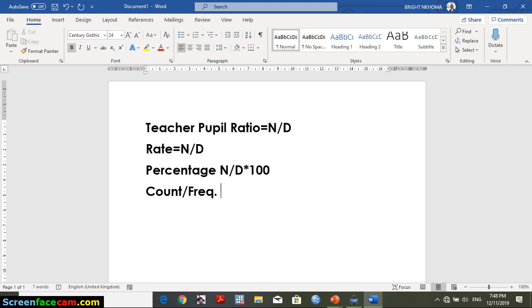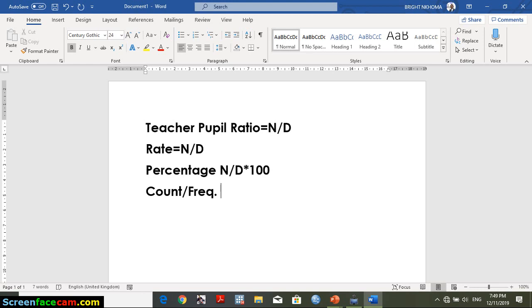Here we said that the numerator is a subset of the denominator. The denominator in this case is the total population. The numerator is deaths, and those deaths occurred in the same general population, which is our denominator. Are we together? But in a ratio, the numerator and the denominator are not related. No wonder we are saying teacher to pupil ratio.